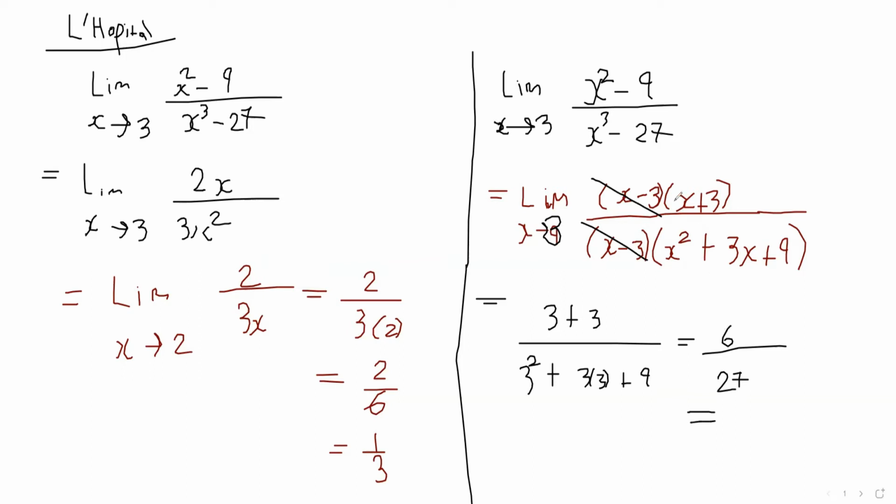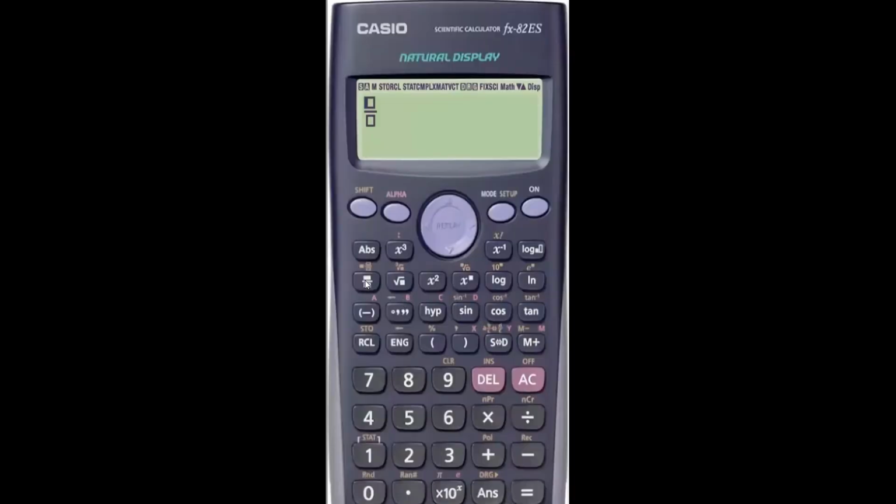We get 6 over 27. We didn't get 6 over 27 in the first method, we got 1 over 3. What's 6 over 27? Let's pop out our calculator. That's 2 over 9, so something is off.